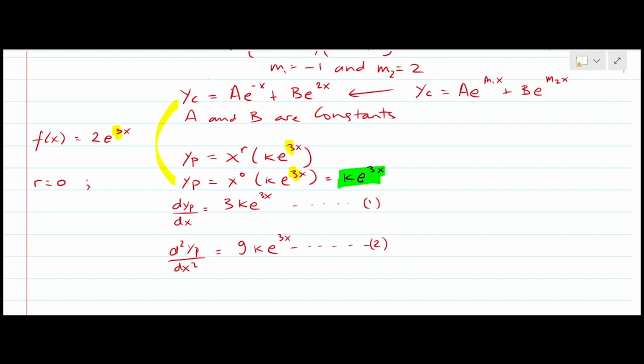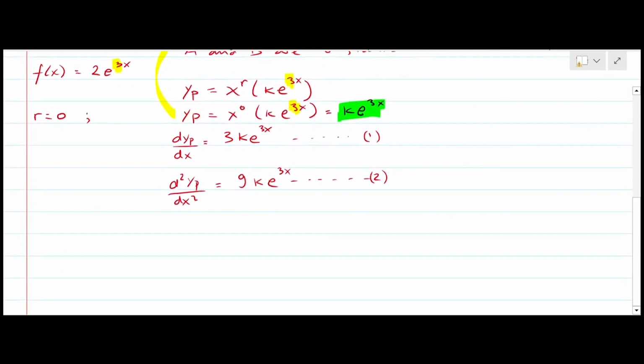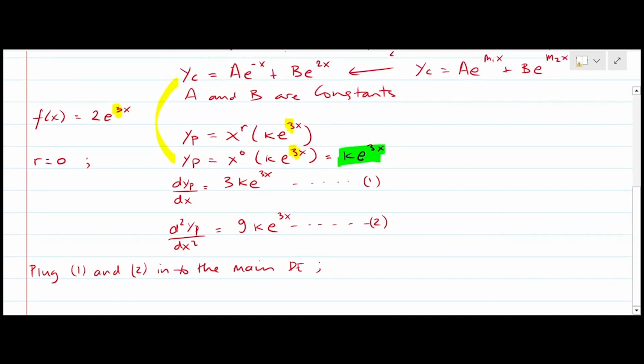Let's label these as equations 1 and 2. Now we plug 1 and 2 into the main differential equation, which is the second derivative d²y/dx² minus dy/dx minus 2y equals 2e to the 3x.